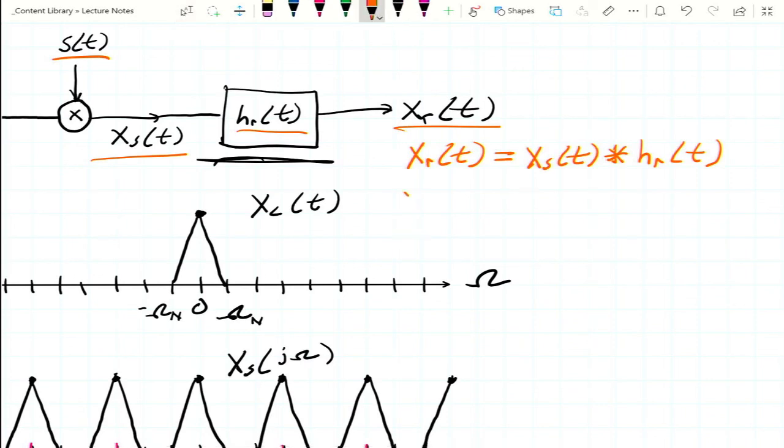Which means that in the frequency domain, x sub r of j omega is x sub s of j omega times h sub r of j omega.